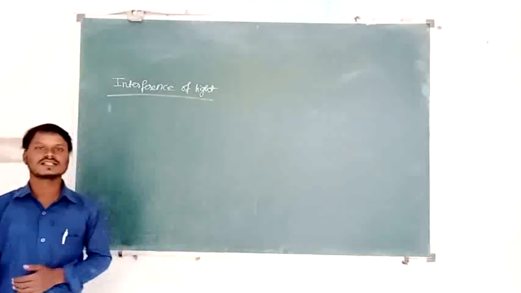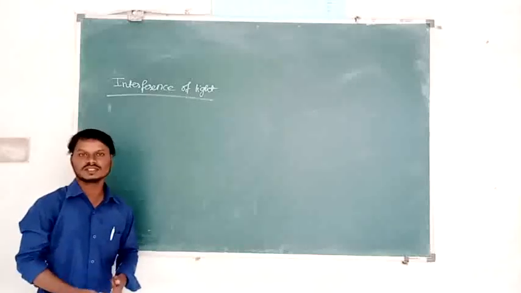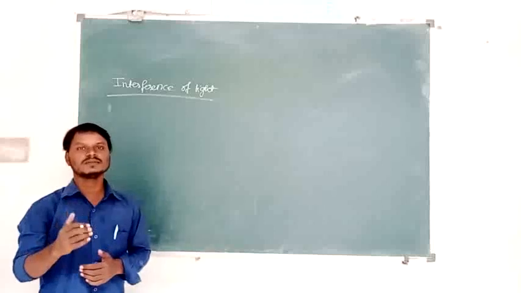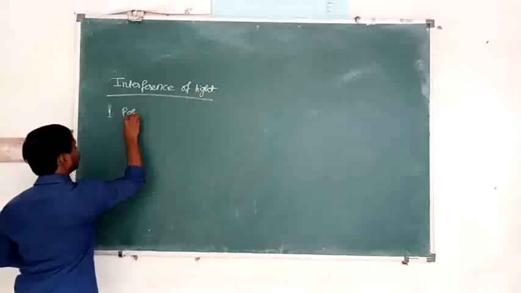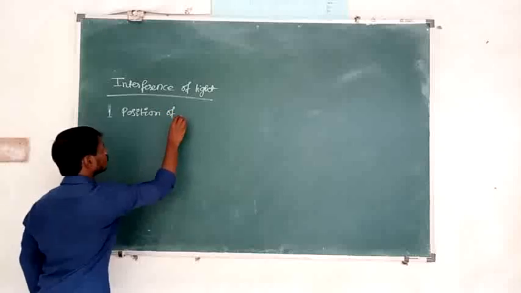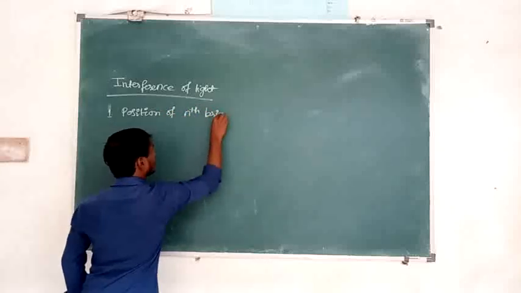Now we are going to discuss the position of the nth bright fringe and the position of the nth dark fringe. What is the formula to find the position of the nth bright fringe?